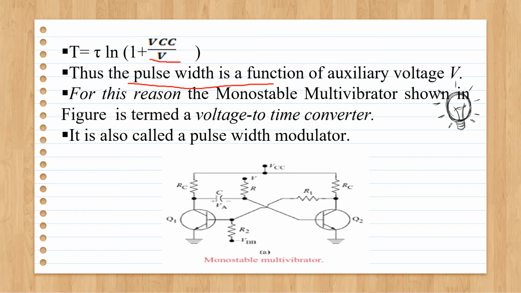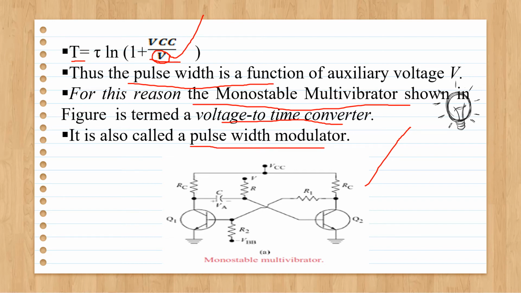For this reason, the monostable multivibrator shown here is called a voltage to time converter. So if you vary this additional voltage source, the pulse width can be varied. The process of varying the width of the pulse by varying the voltage is called pulse width modulation. For this pulse width modulation, the monostable circuit is the most suitable circuit.